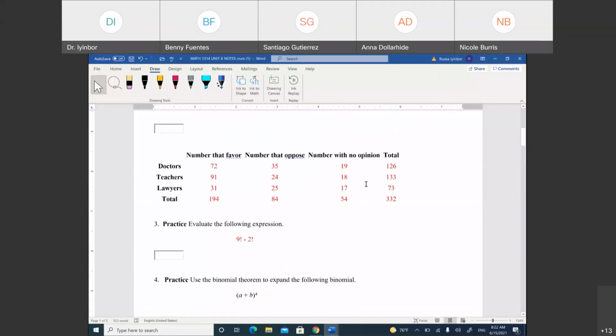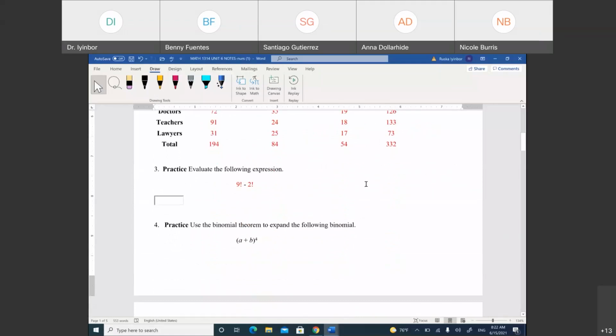So I'm going to do number 3. So number 3, we're going to do the same way. So we're going to do 9 factorial minus 2 factorial. So what you need to do, you can just put it in the calculator. You don't have to expand it. Because if I expand, I actually have to do 9 times 8 times 7 times all the way to 1 minus 2 times 1. And that's going to give me the answer.